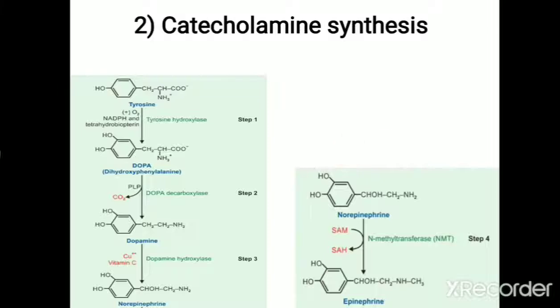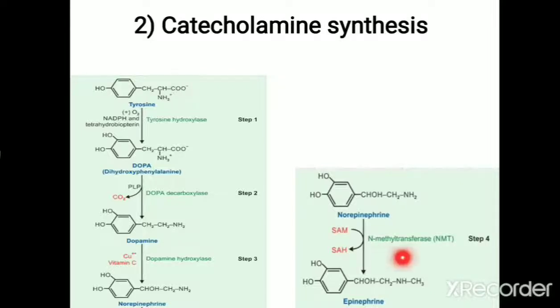And the last step, how norepinephrine is converted into epinephrine, is important for your exam because it is an example of a transmethylation reaction. During this reaction, norepinephrine receives one methyl group. Norepinephrine does not have a methyl group. The methyl group donor is methionine. The activated form of methionine is S-adenosyl methionine, which is the methyl group donor in transmethylation reactions. S-adenosyl methionine donates its methyl group to norepinephrine.